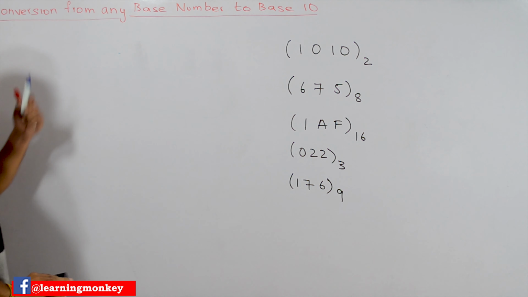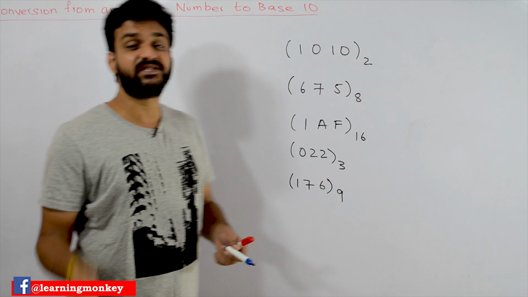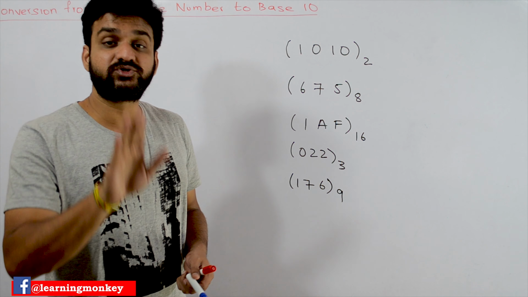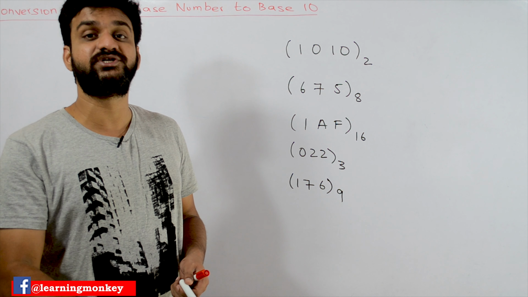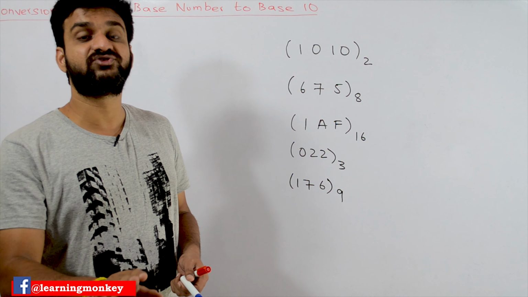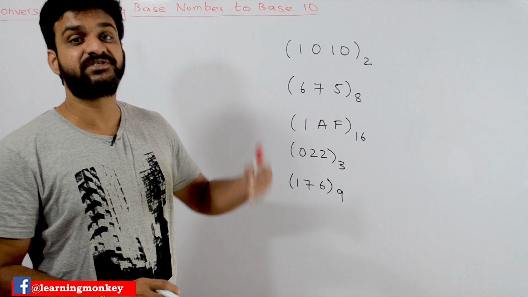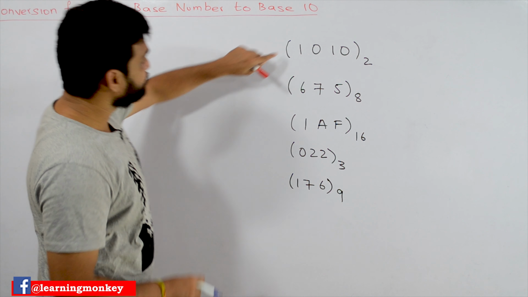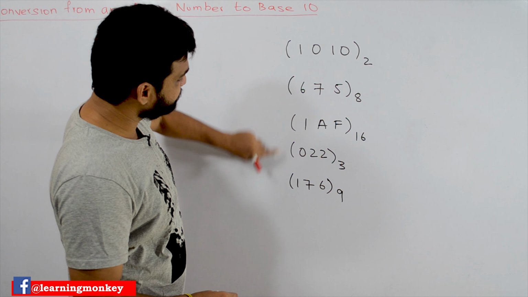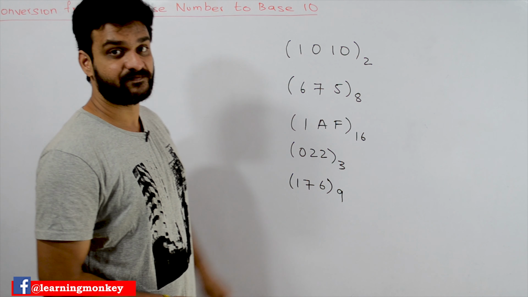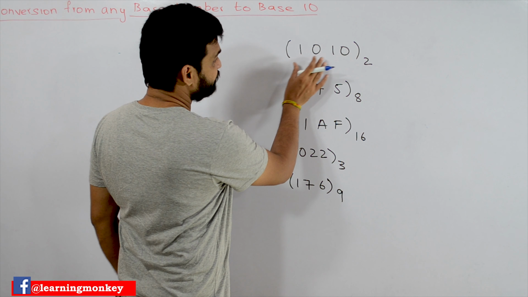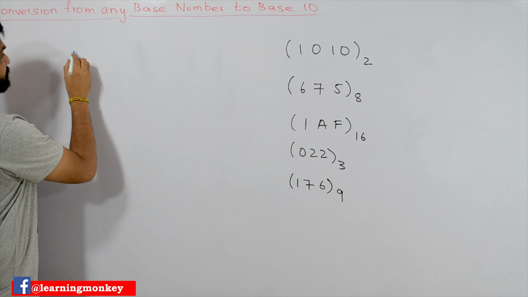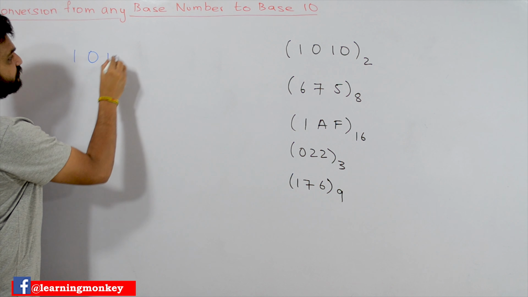In the conversion of binary number to decimal number, the procedure which has been used is sufficient for us to convert any base number system to base 10 number system. What is the procedure? First we will take this number which is in binary, it is 1010.